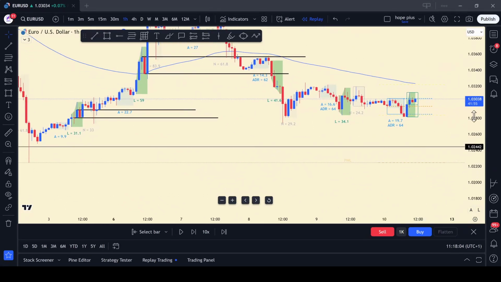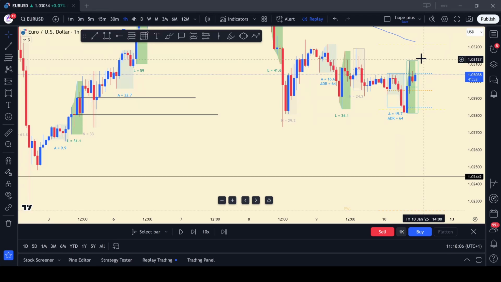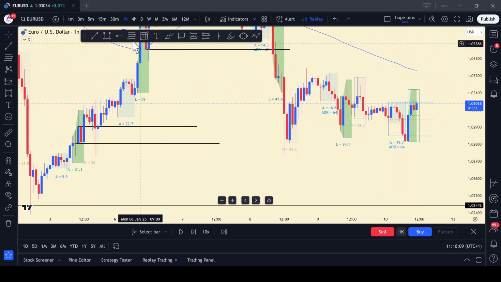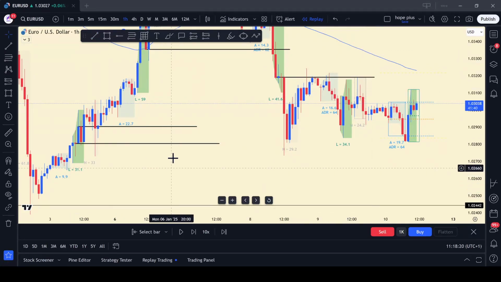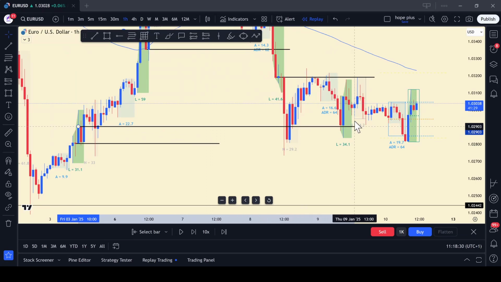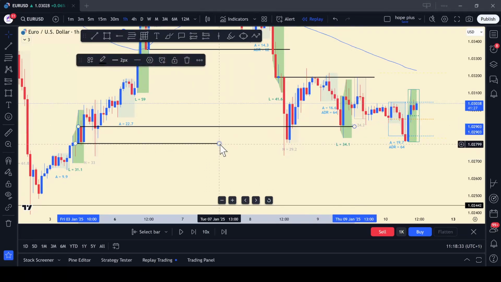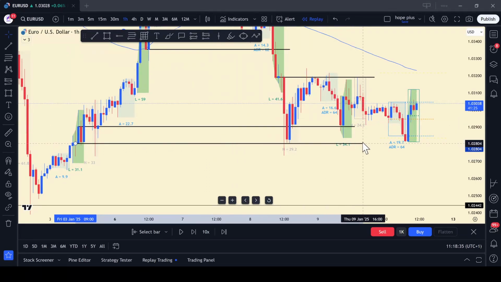Now, on Wednesday, what happened? We have a new level. You can see that when you do it this way, the chart is not messy. So I will extend this particular one that has not been touched by any London session. I'm going to extend this here, and this one here.